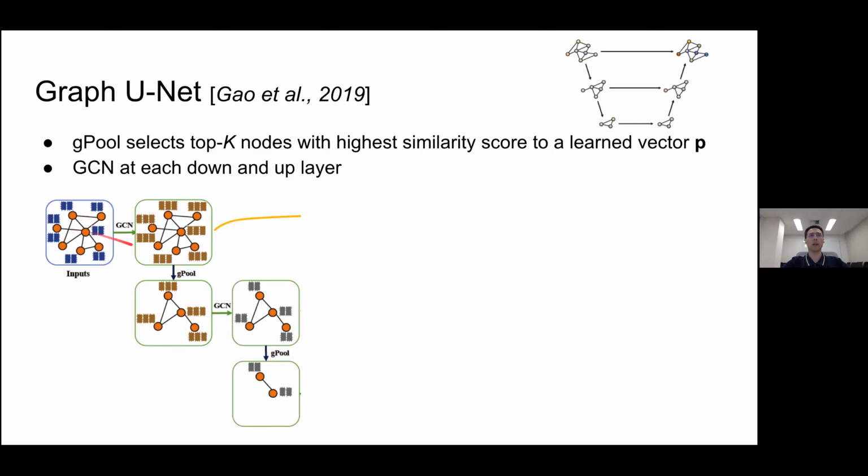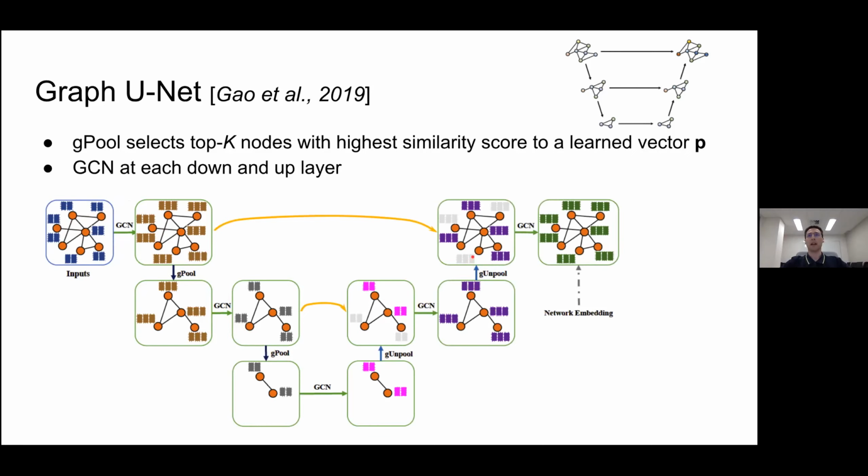This way we go down the hierarchy, and then going back up means unpooling, going back to the one step finer representation, applying GCN again, and unpooling again and applying GCN again to get the final representation of the nodes. That way it combines the representation from the fine and coarse views of the graph.